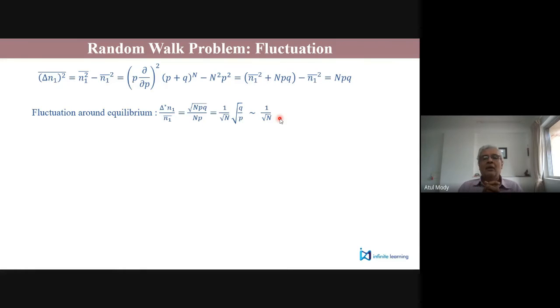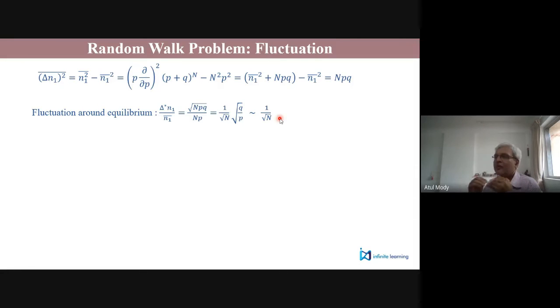To understand this, let me give you another problem, which is exactly the same as what we are discussing at this moment. For example, suppose you are tossing a coin. So you toss a coin, and your result could be head or tail.